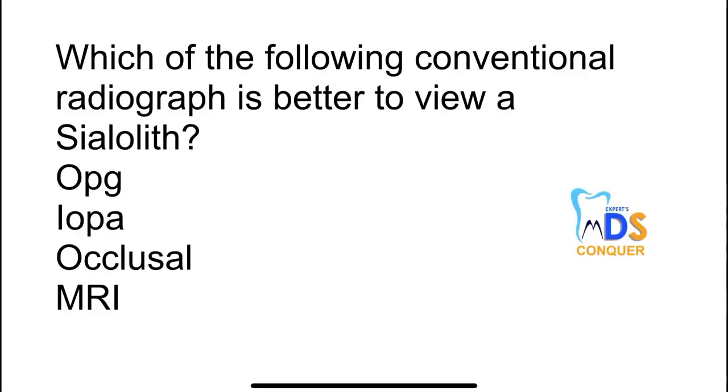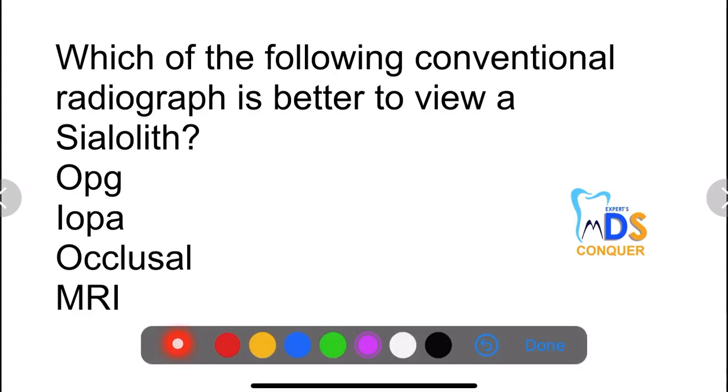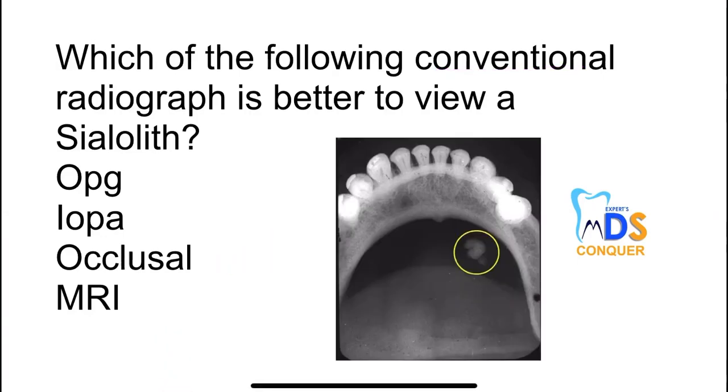So now a simple question for you. Which of the following conventional radiographs is better to view a sialolith? If you have a doubt that there is a sialolith, it's better to go for an occlusal radiograph. As you can see here, the sialolith is clearly appreciated in an occlusal radiograph.